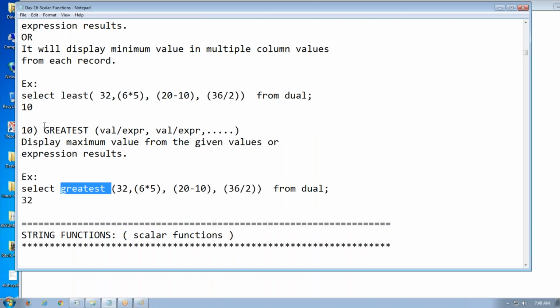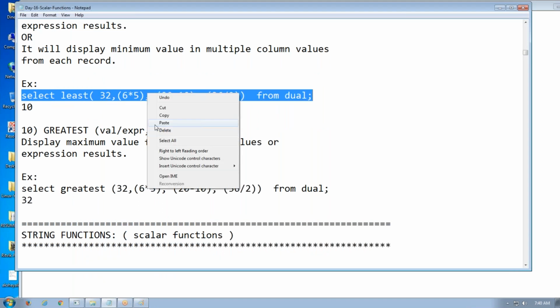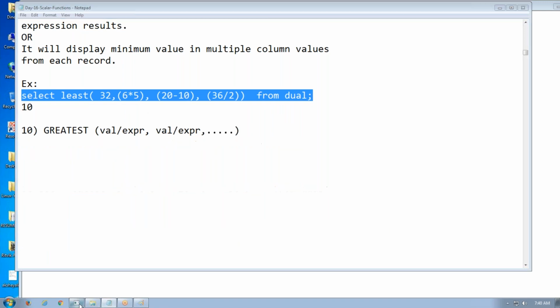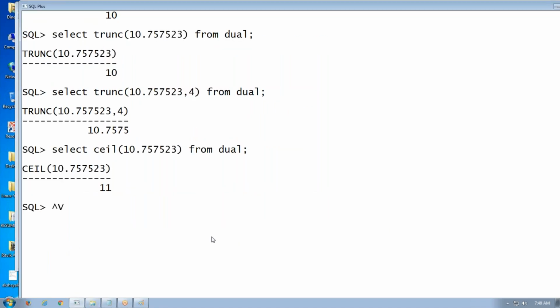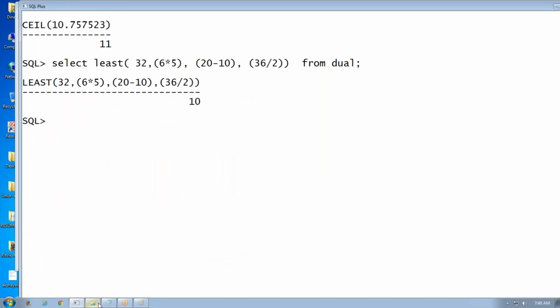Okay, let me show you an example here. I am giving some values and also some expressions. And if you want to find the highest value, in place of least, just specify greatest.